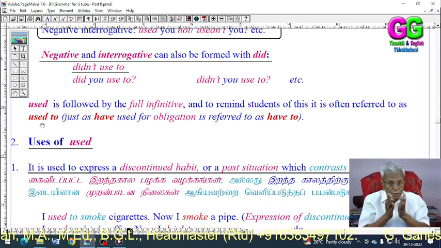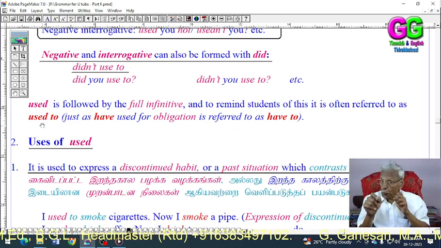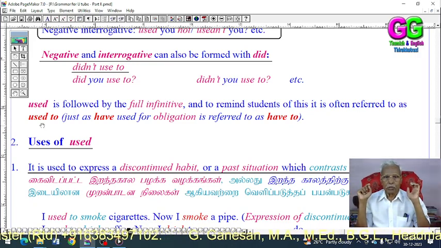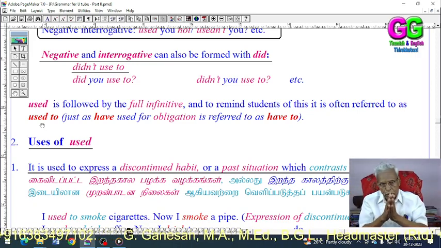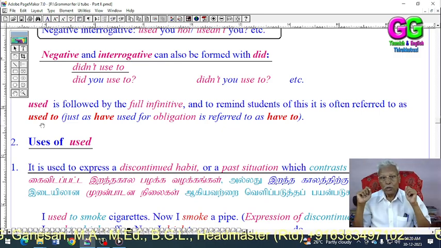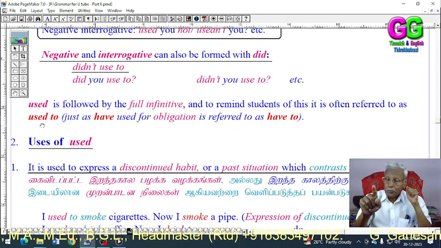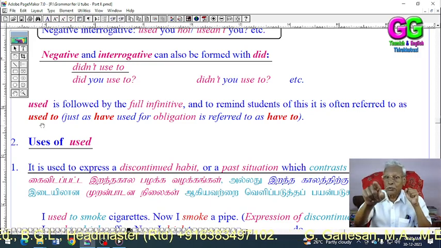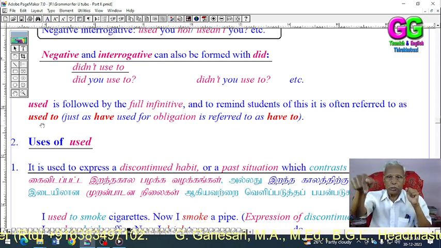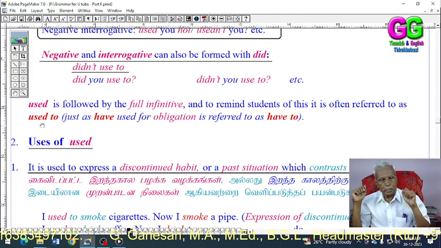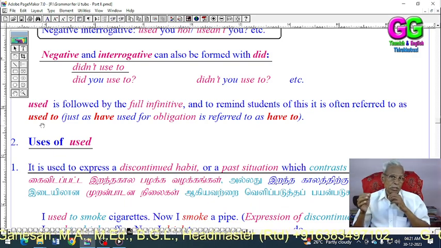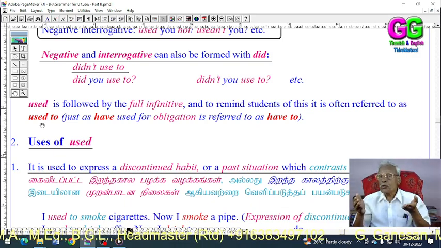That is, used always takes the full infinitive, just as have to is used for obligation, to express the duty of the doer.